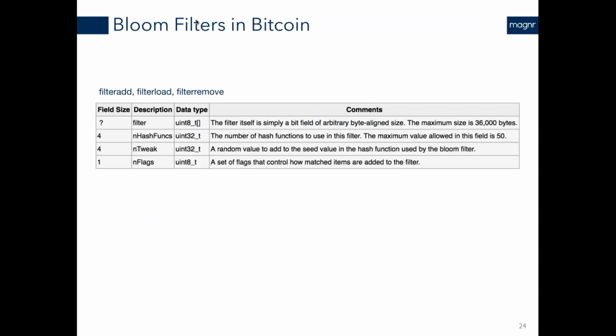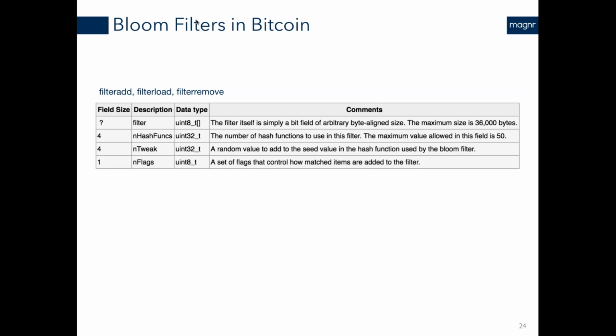So why is this useful? Bloom filters exist in Bitcoin to assist the peer nodes in transmitting data to clients. So if I'm a wallet holder and I connect to an upstream peer and I say to that peer, hey, I'm interested in a certain address, so here's a Bloom filter that corresponds to my output address in transactions.